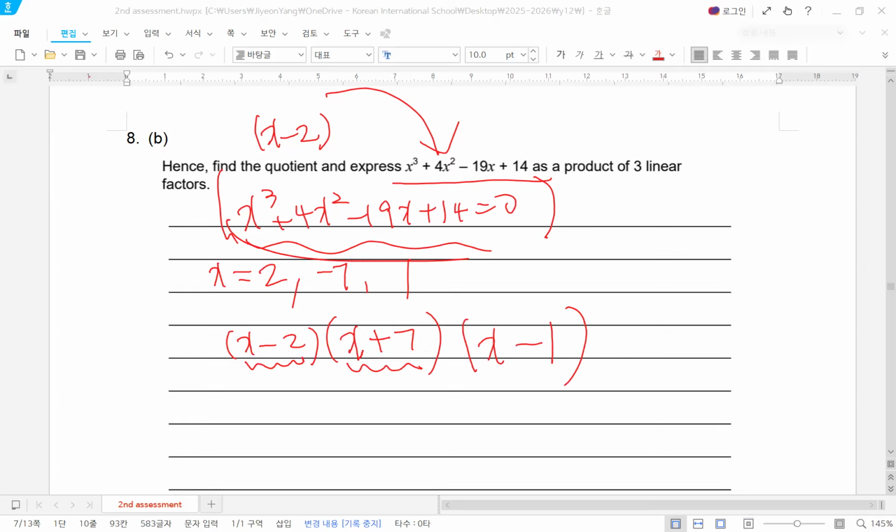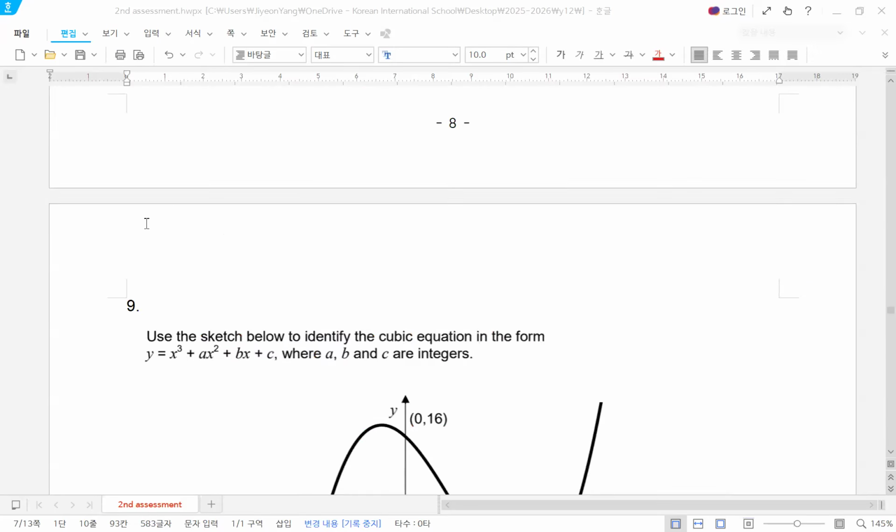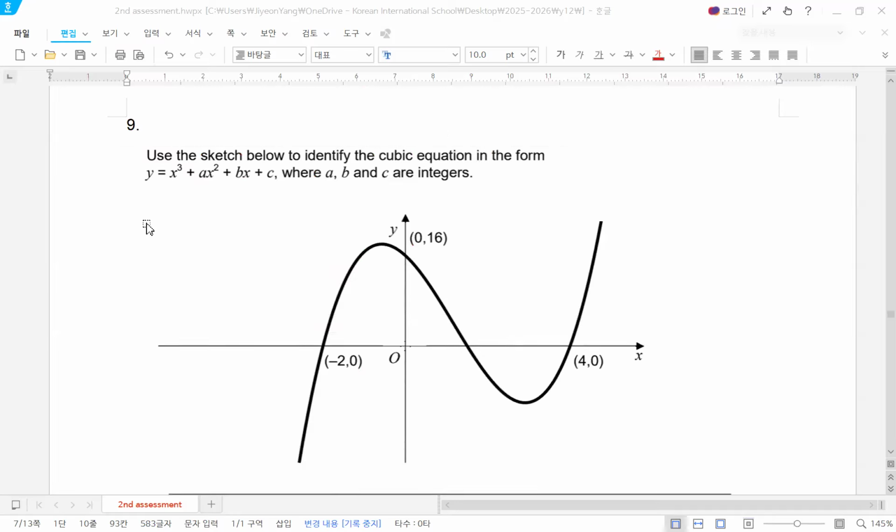Since this is a cubic equation, 3 brackets are enough, understand? So 3 linear factors, okay? So x minus 2, x plus 7, and x minus 1, they are 3 linear factors, okay? I have only 3 minutes, so I'm going to go to the next question directly.